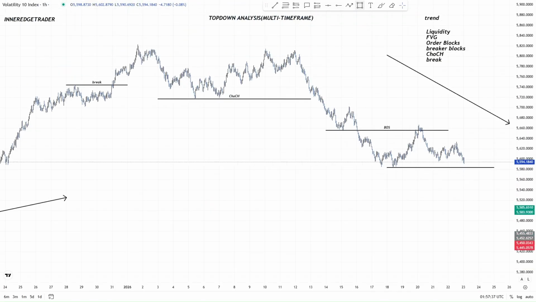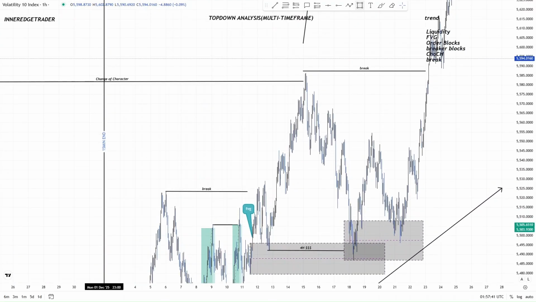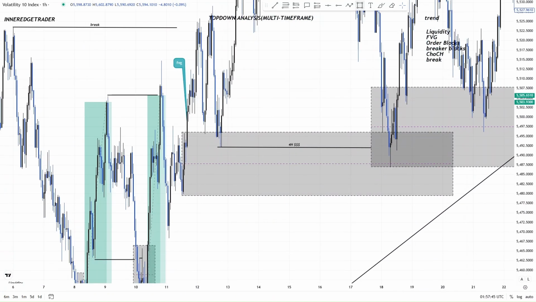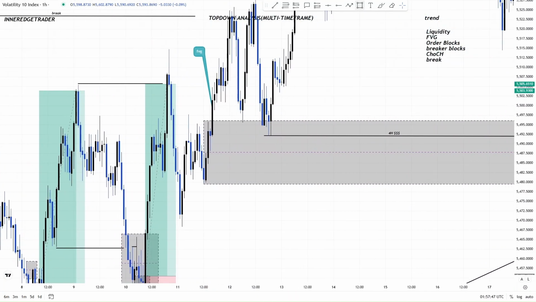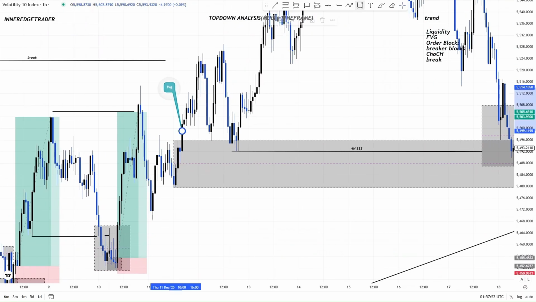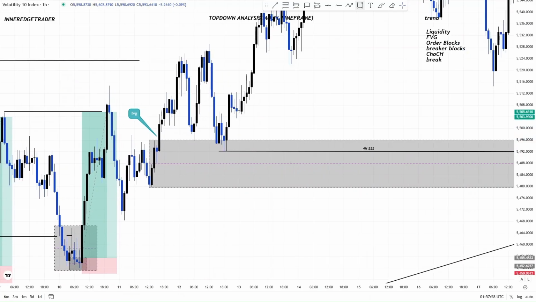So going to our area, you can see at this zone there's a 1 hour order block here, which market did retest on the 1 hour.